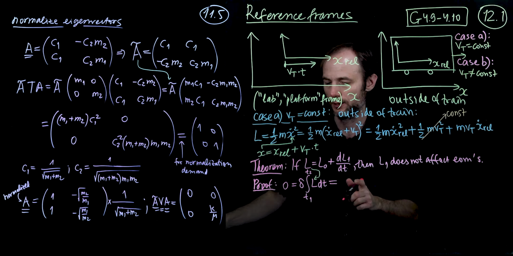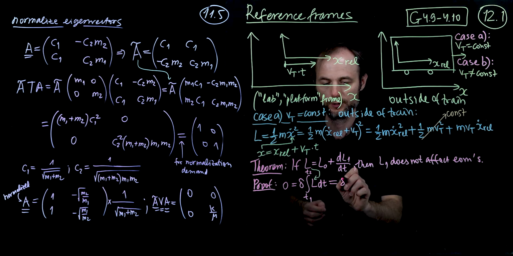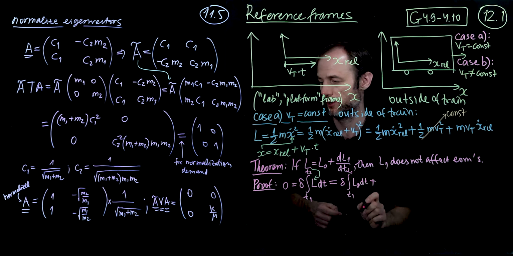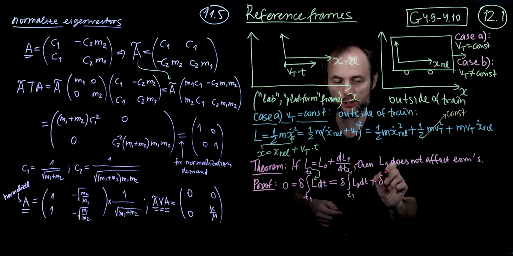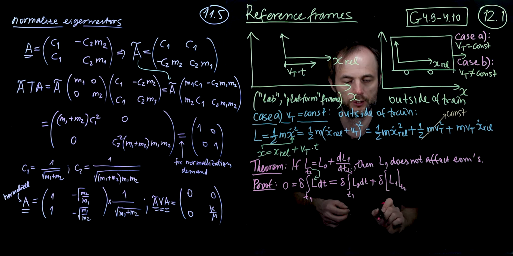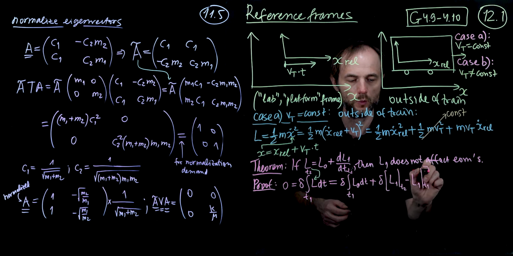So if we do that, then we're going to get variation of L0 dt, but we'll also get a variation of L1 with a substitution at T2 minus L1 at T1.